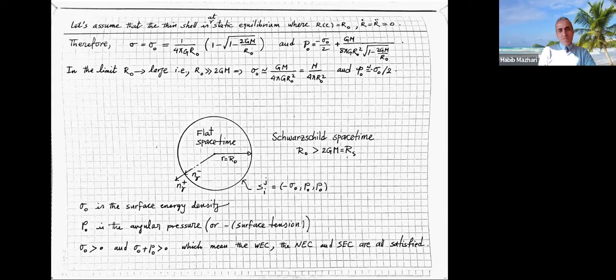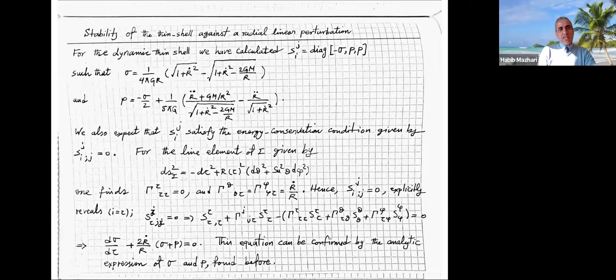Of course, sigma 0, P0, and the other parameters like R have connections. So the connections are all given here. But now, I already said here, all the energy conditions are satisfied. Now I'm going to check whether it's stable or not. Such a combination, such a constructed object in space, can it be stable in general?